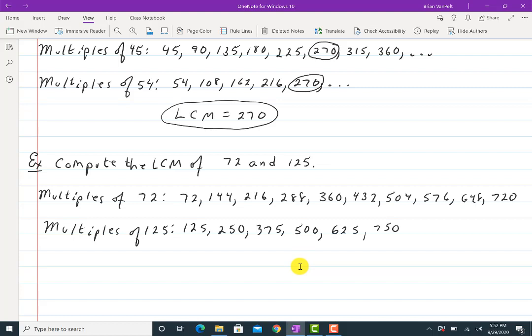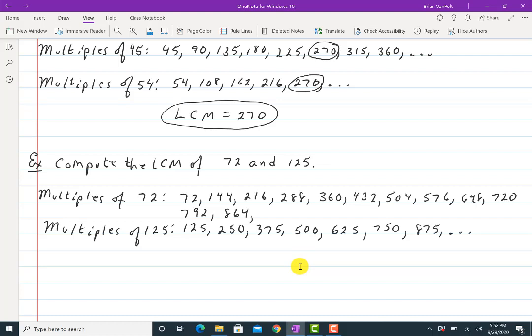The next one after that would be 792. If I do it again, that would be 864. Well, let me add to this one here. 750 plus 125 is 875.